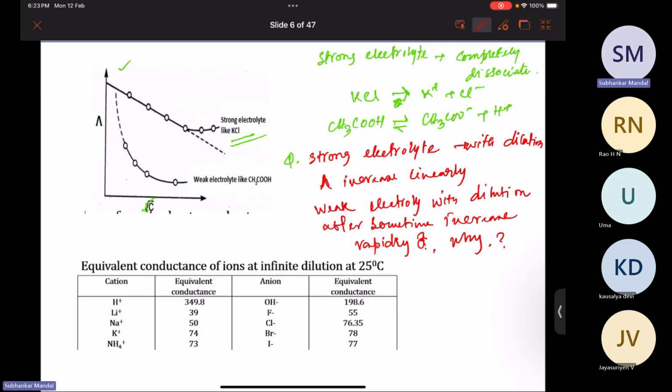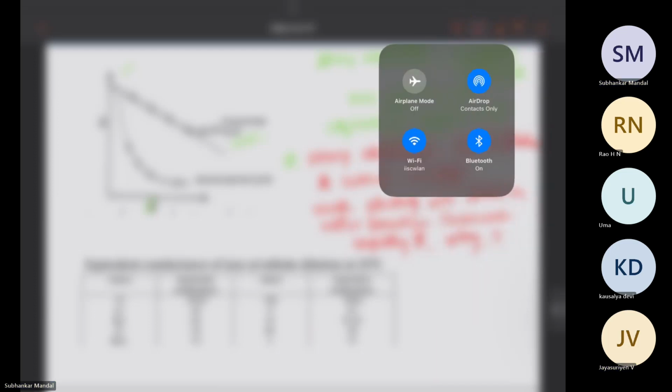It is quite easy. Sir, on increasing the dilution, the number of ions remaining in the same... Just a minute.